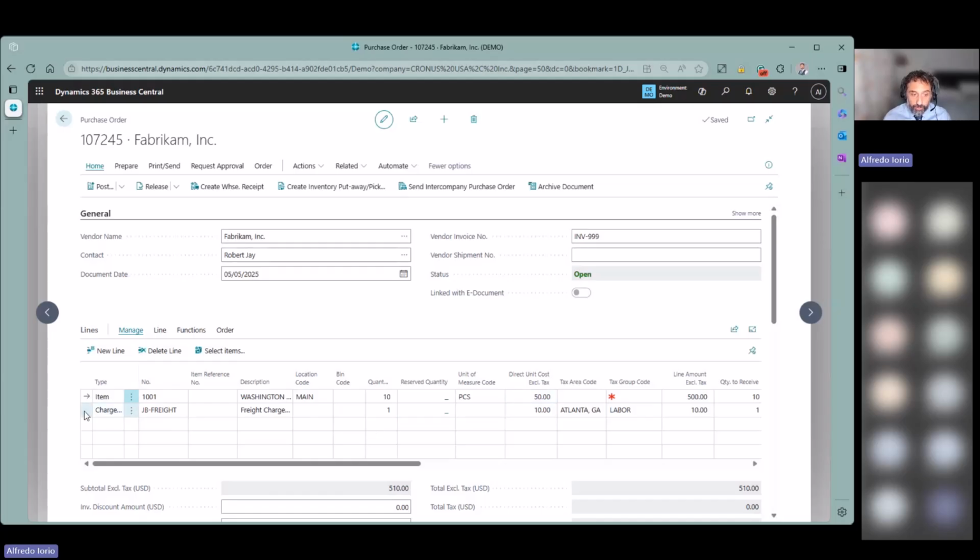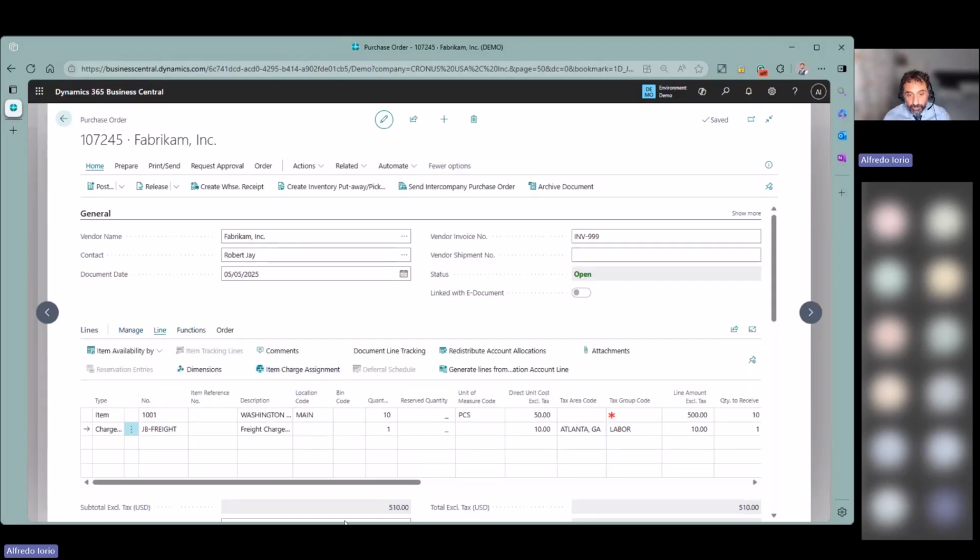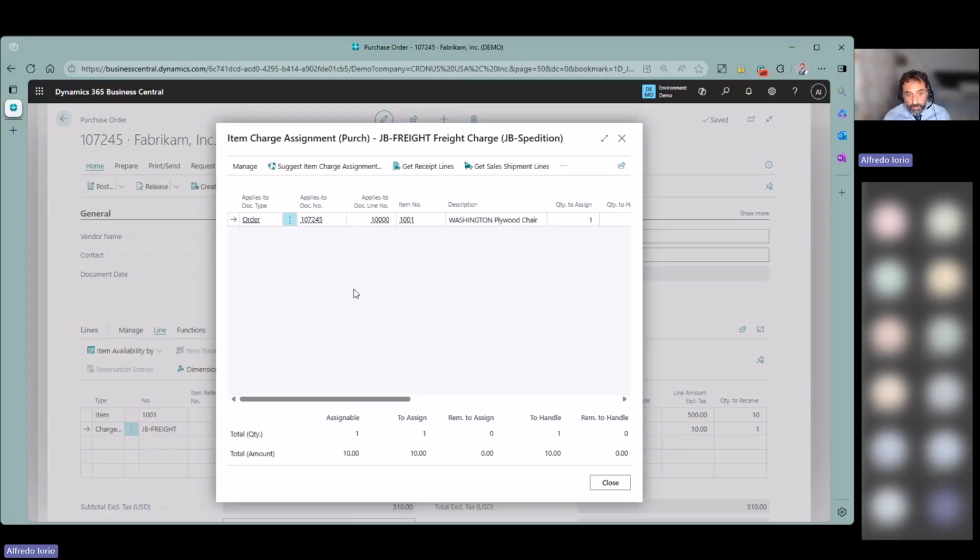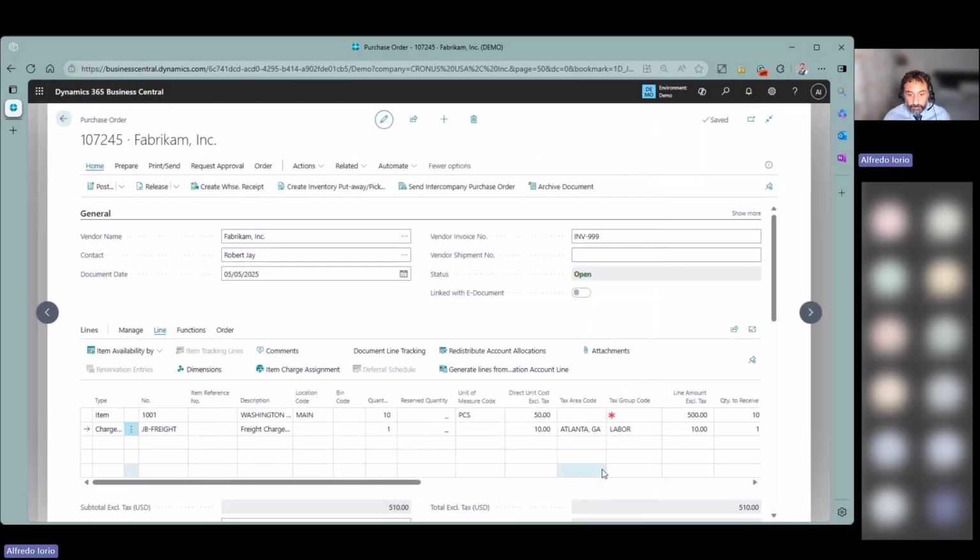But I also have a charge of type freight, which is applied, because now we need to apply it through the item charge assignment. Here you can see, in this case, it's very easy, one charge to one line, and so it's only one line here. Everything is applied. So the 10 US dollars are applied to the chairs that I'm buying.